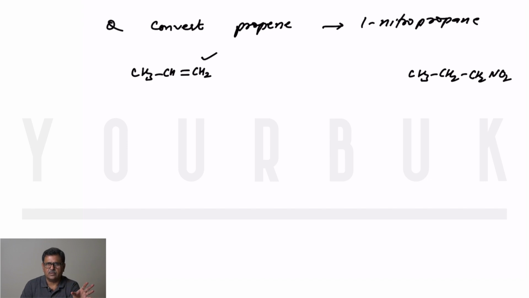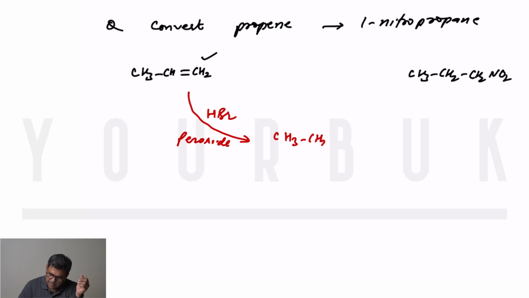You have no other choice in the first step. So what we do, we write HBr in the presence of peroxide. Any peroxide you can write, benzoyl peroxide, just peroxide. Now the addition takes place according to the anti-Markovnikov rule.